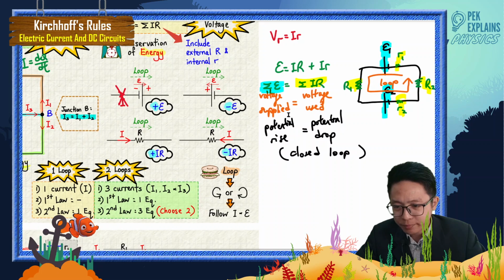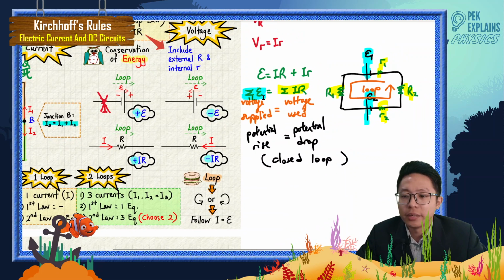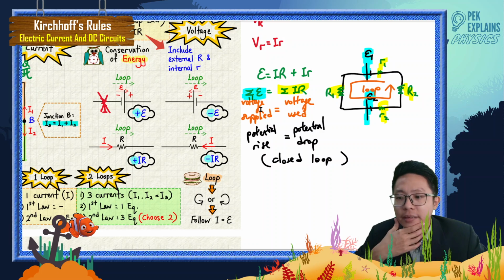So now how do we determine positive EMF or negative EMF? Although we say that the battery supplies voltage, supplies EMF, actually some batteries are connected in the opposite direction. So the EMF goes against the voltage supply.